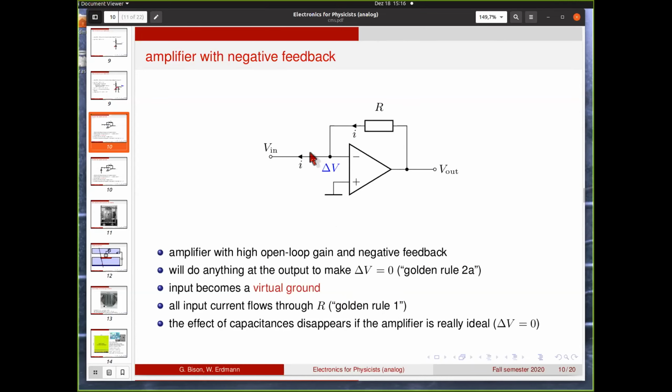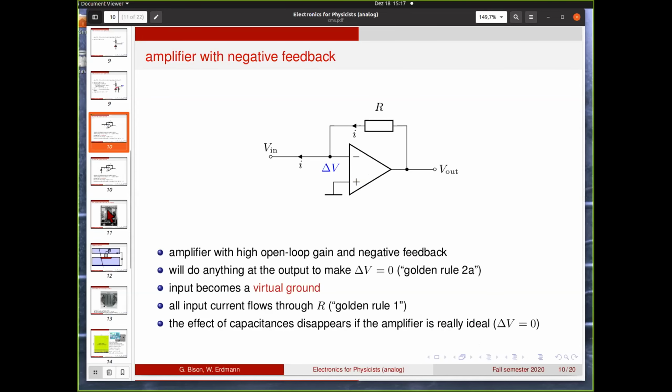So the nice thing here now is that if this amplifier is really ideal, so it is infinitely fast and has infinite gain, then the fact that this is now like a ground node means that the effect of the capacitances disappears completely. Obviously, this is only true in case that your amplifier is ideal, which it never is. So capacitances do remain a major concern here, but you can reduce the impact of these capacitances a lot by using an amplifier here.